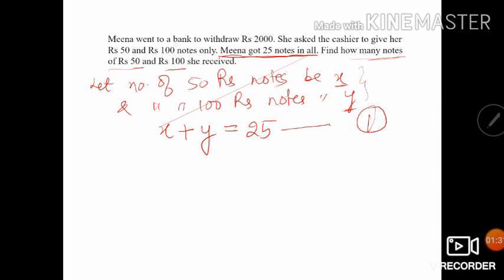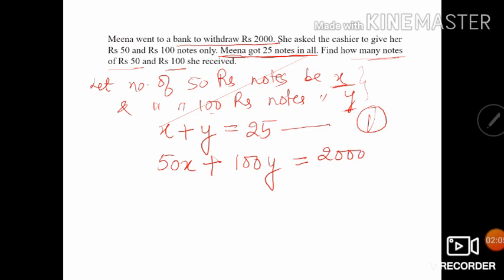Now she withdrew rupees 2000 in all. So counting 50 rupee notes, the sum of money is 50x, and counting 100 rupee notes, the sum of money will be 100y. On adding these two, you get the total money she took out from the bank.